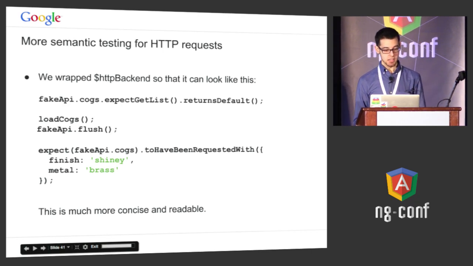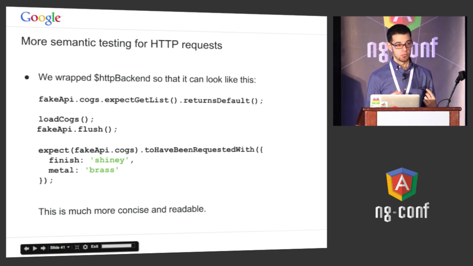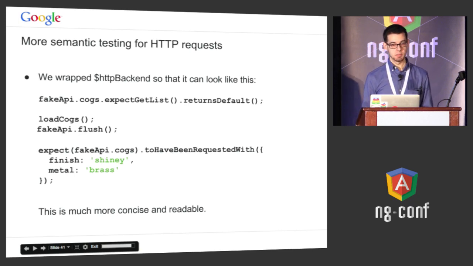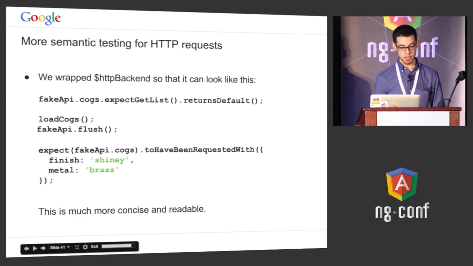From this, you can, like HTTP backend, either respond with a particular set of data that you're specifying on the spot, or in the case of our fake API, just say returns default. And this default data is specified in the configuration for that fake API endpoint.